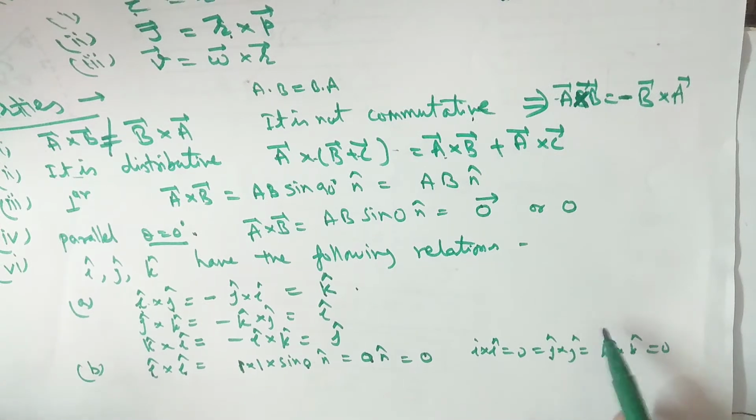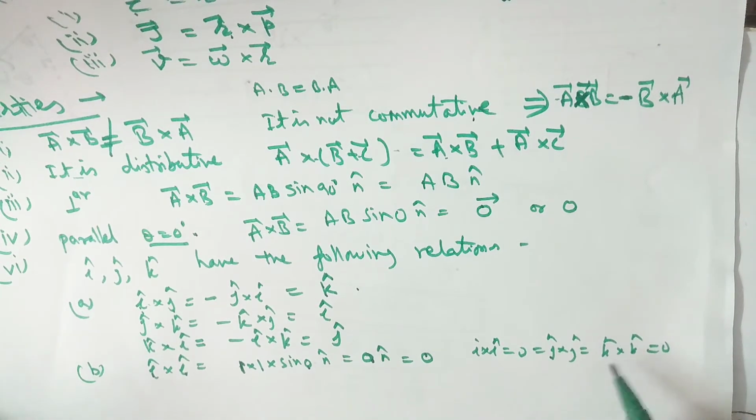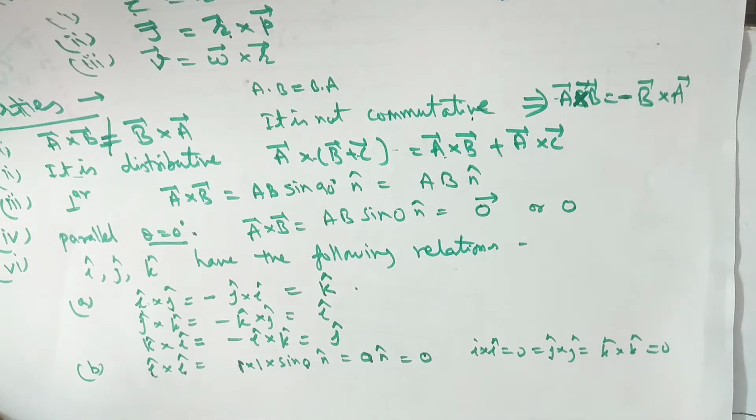So this is the relation for the orthogonal unit vectors I, J, K.